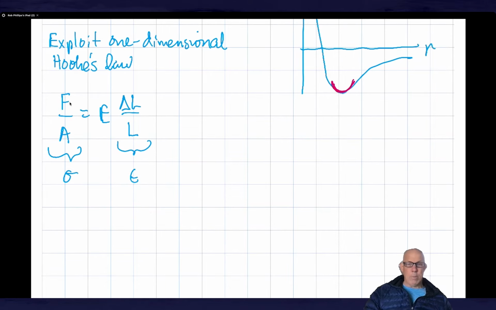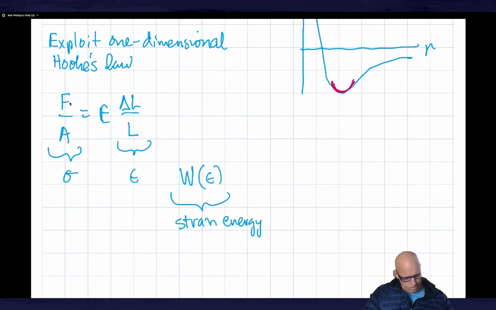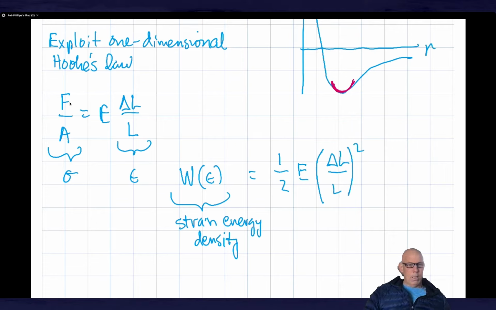I can write things in that language, or I can say that there's a strain energy density. So I'm going to refer to this as the strain energy density. The strain energy density is going to be given by 1/2, and then the Young's modulus, and then delta L over L squared. So let's look at the units.